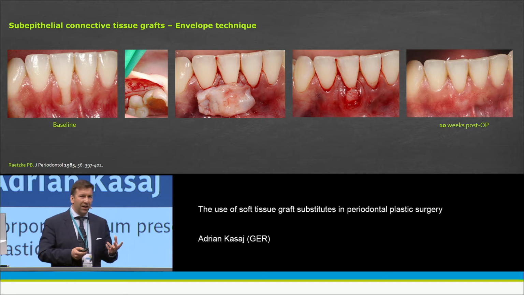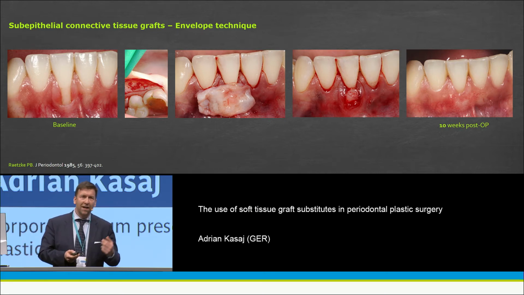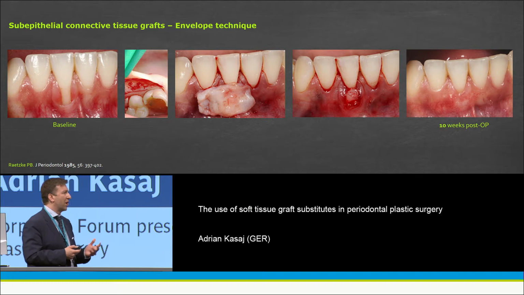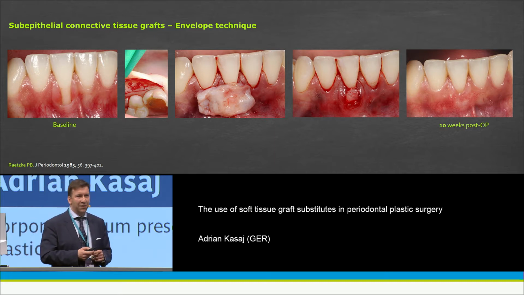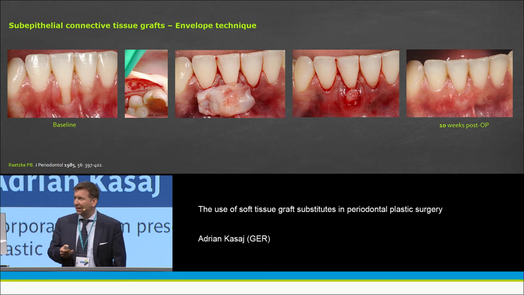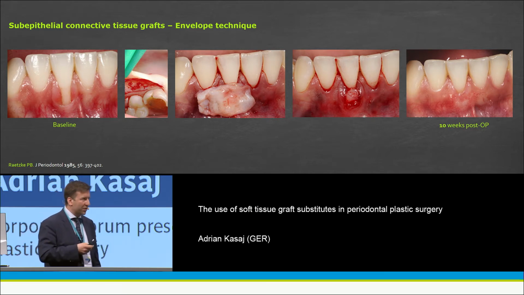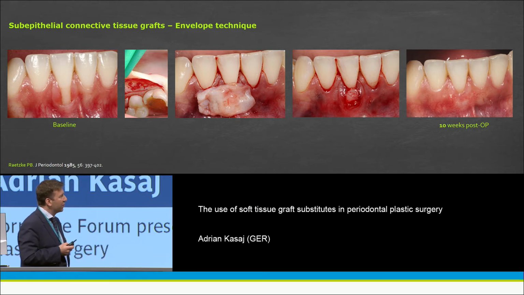The next step, also beginning from the mid 80s, was the evolution of the minimally invasive surgical techniques, starting with the envelope technique described by Professor Raetzke in 1985. It was the first minimally invasive procedure, with no vertical incisions, and you see his supraperiosteal envelope preparation, harvesting of the connective tissue graft, and insertion into this envelope.